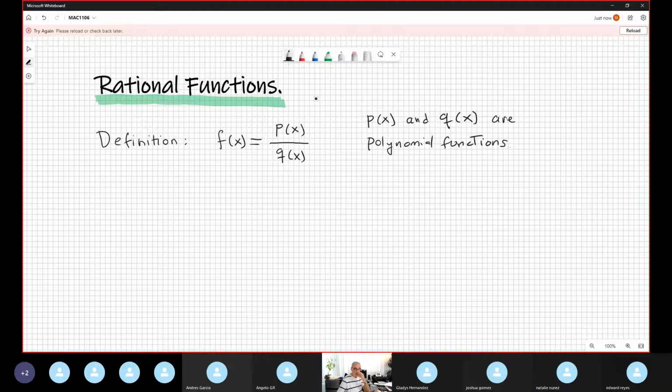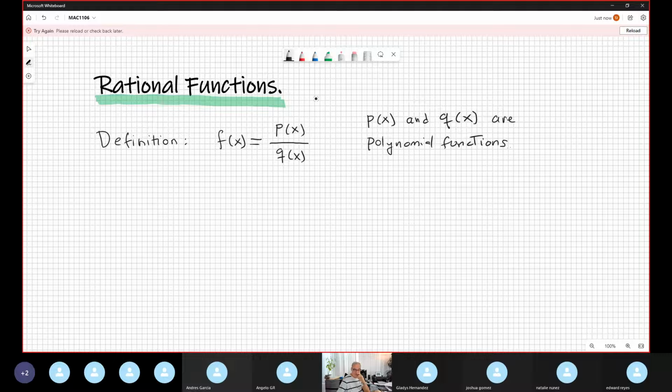So let me analyze four typical examples, not too hard now, in which I want to discuss in detail the idea behind rational functions. A rational function is different from a polynomial because in a polynomial function the domain is always all real numbers.